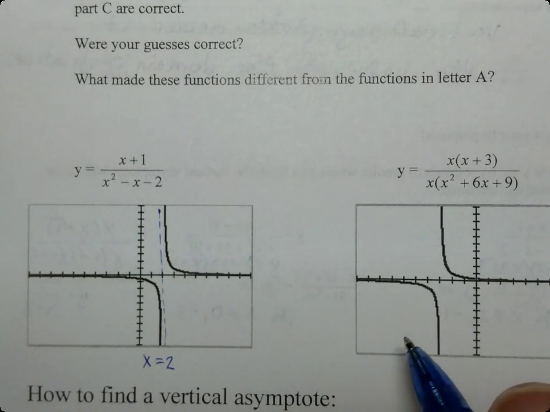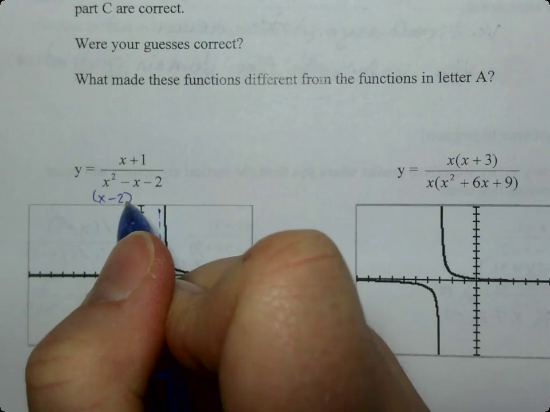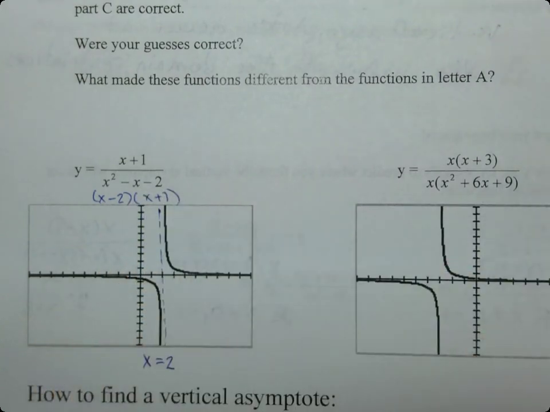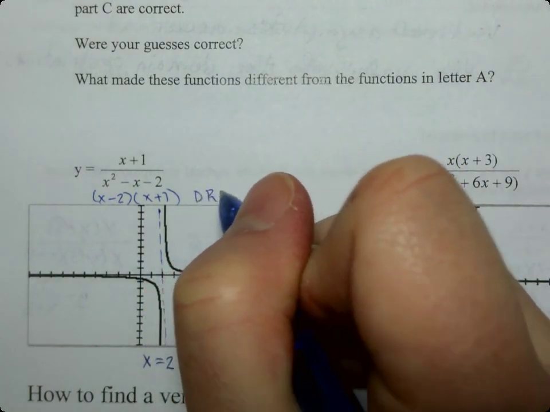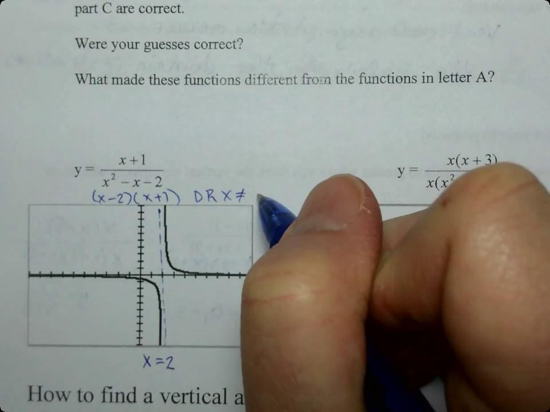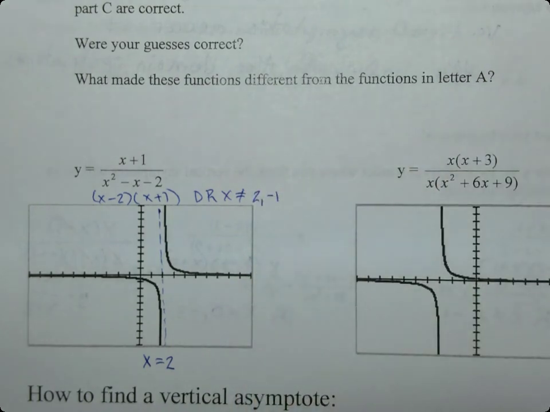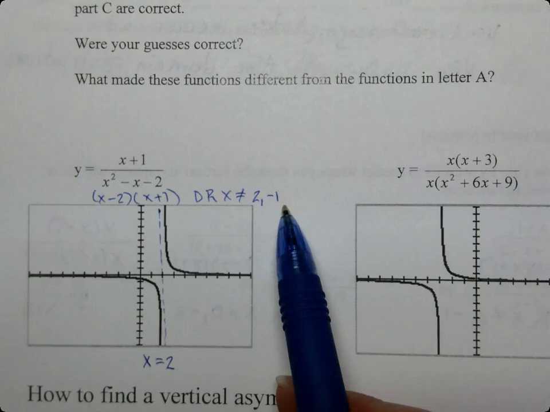And if we went back to what we did on the front page, we had this factored as x minus 2, x plus 1, right? But we said, yep, there's a domain restriction that x cannot equal 2 or negative 1. So we assumed that there was a vertical asymptote at 2 and at negative 1.